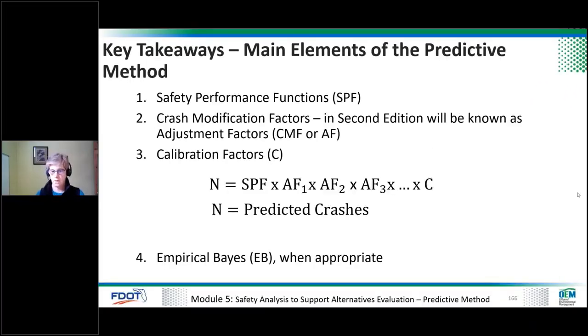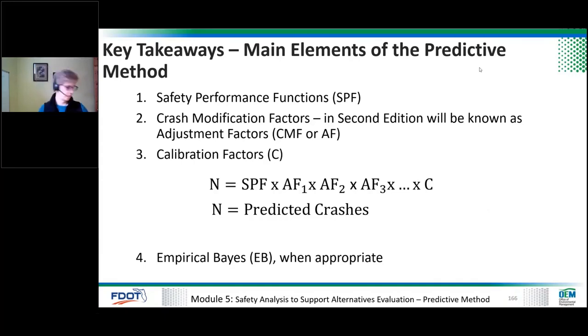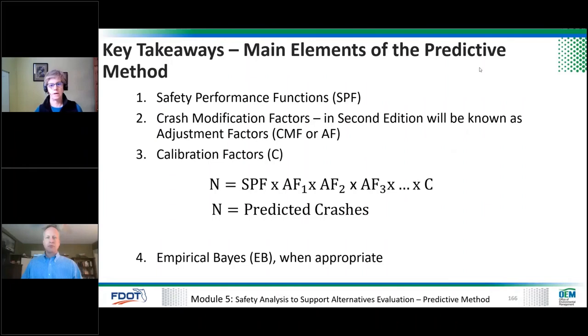Well, we will get going again, starting with our takeaways from talking about the predictive method. First and foremost, there are the 4 buckets of analysis: the SPFs, crash modification factors, which will be called adjustment factors, adding your calibration factor when available, and then the EB when appropriate.